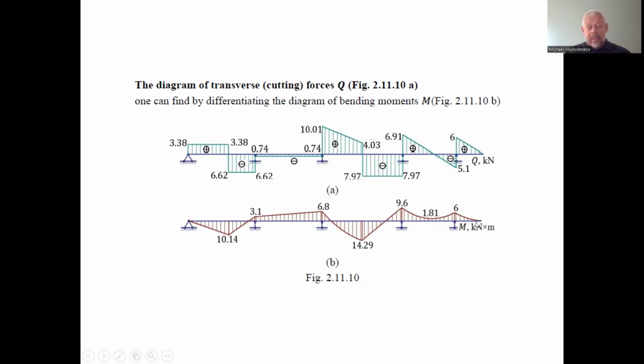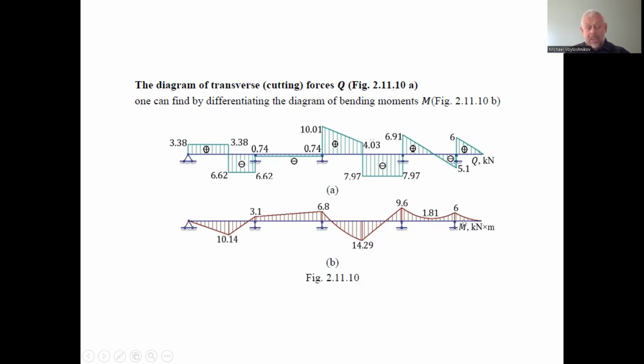So for this segment from 0 to 6, the derivative is an increasing function.